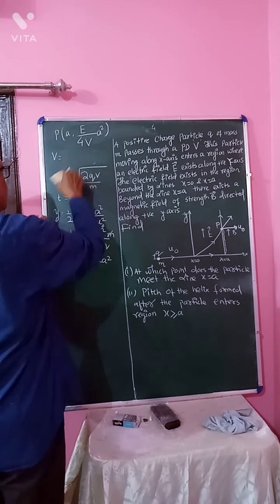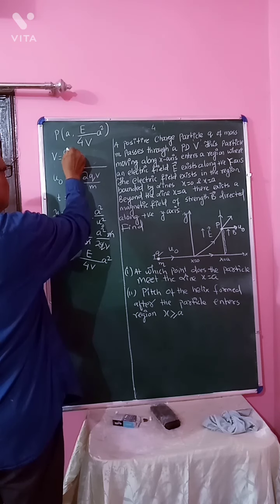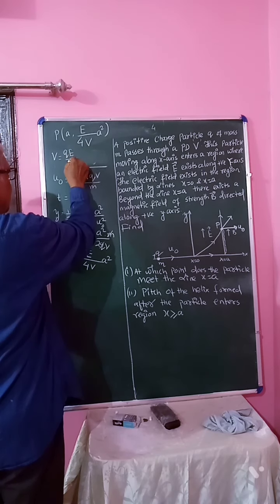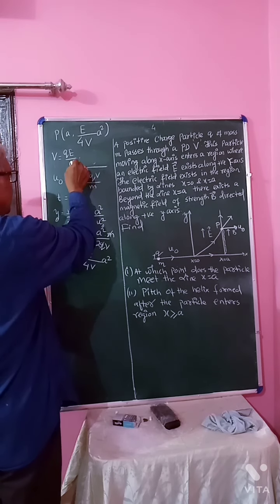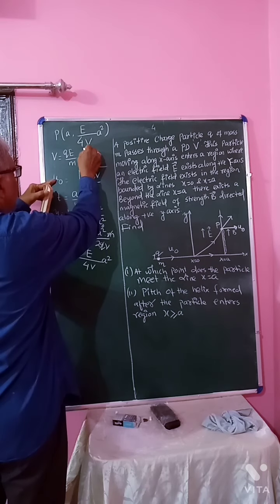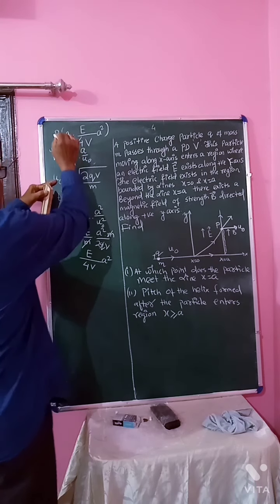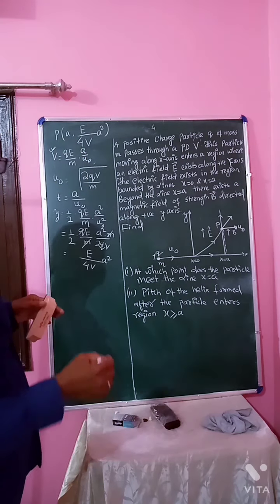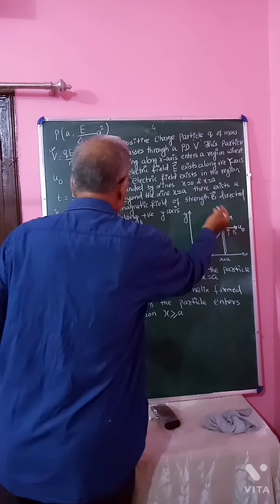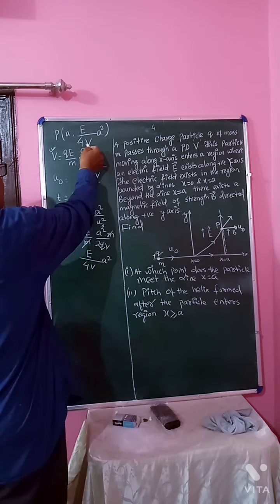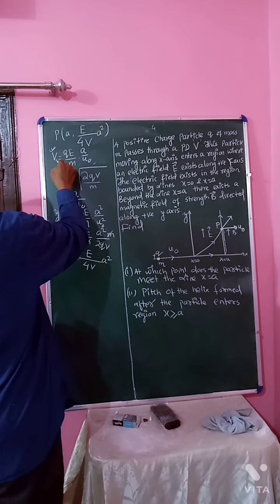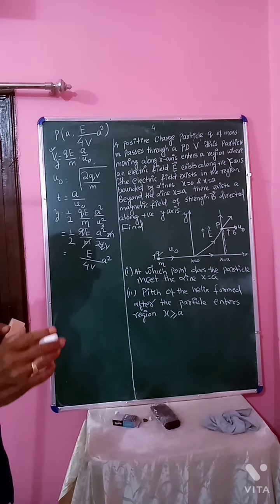The acceleration is equal to the charge of the particle q times E divided by mass, and the time t equals a by u0. This is the y component of motion at this point P. So there may be confusion; I am writing this as Vy, that is the y component of velocity.